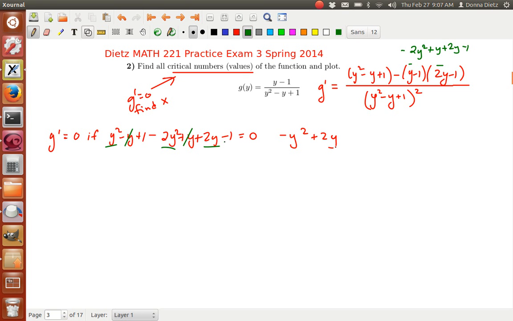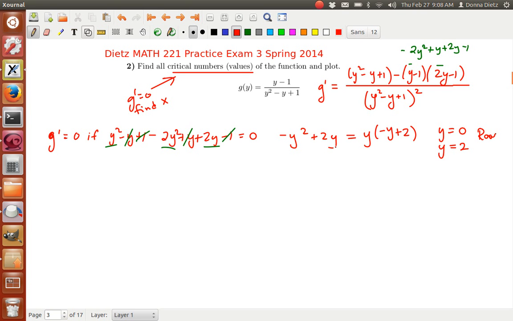And then we just get minus 1 and plus 1, so that disappears. That makes it easy. This is a g, not a y. So the y factors out, and you get y times minus y plus 2. There we go. So y equals 0 and y equals 2 are roots.